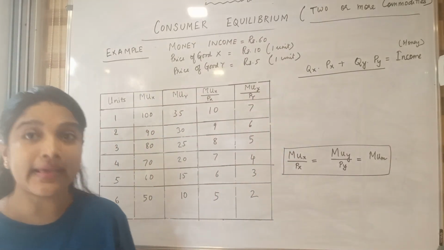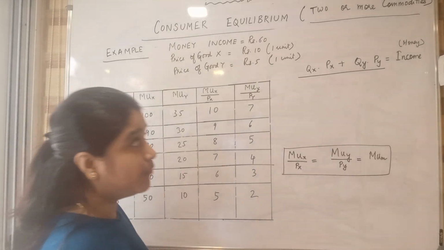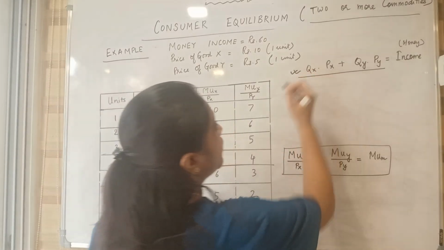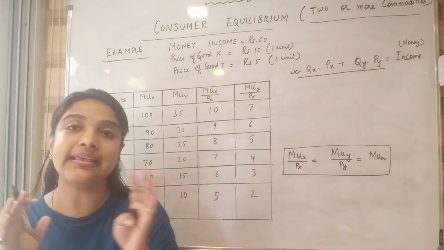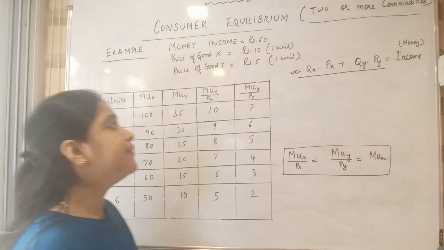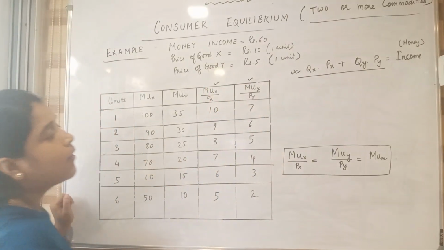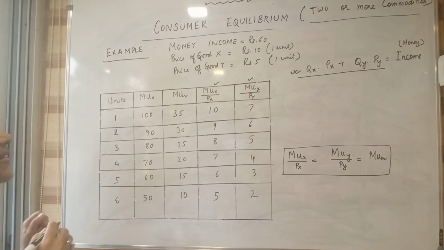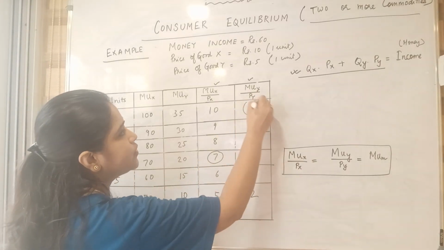We need to equalize now. How? Let us see one more thing that we all should know: income should be equal to price into quantity spent on both the goods. Now let us see in this column and this column, do we find similar figures? Here there is a 7, here also there is a 7.